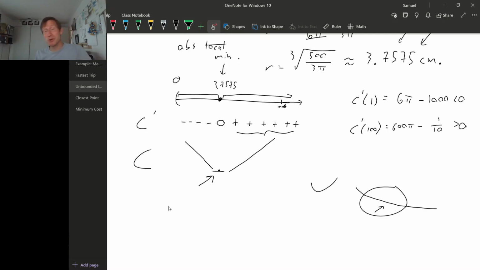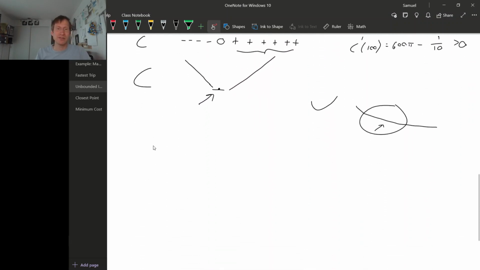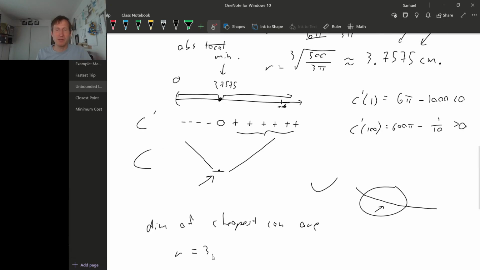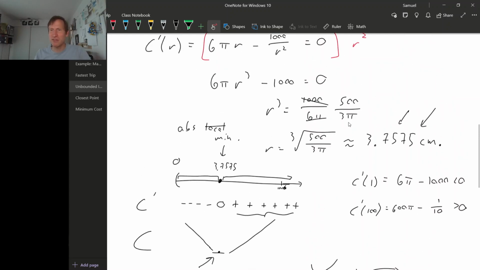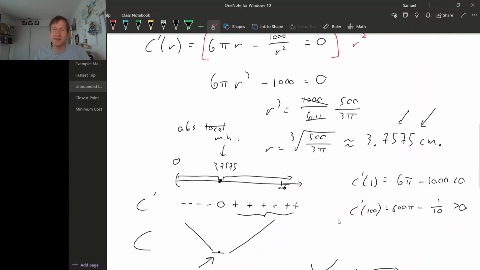All right, and that's what we wanted to find, right? We wanted to find the dimensions of the cheapest can. So we know that the dimensions of the cheapest can are, the radius was this critical value that we worked out, 3.7575, and for the height of our cheapest can, we're going to need to use our height formula, which is way up here somewhere. There it is, 500 over pi r squared.